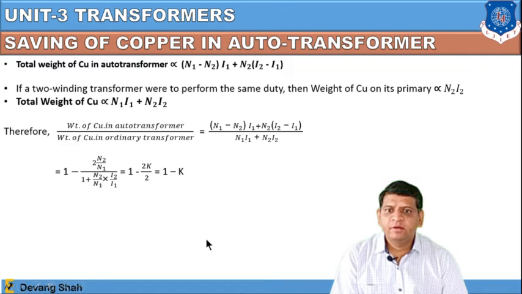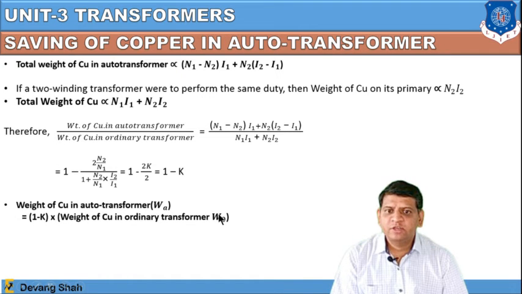If I take the ratio N2 divided by N1 and call it K, once you solve this complete equation in terms of K, you will find 1 minus K, right. So this ratio stands for 1 minus K. So I can write the weight of copper in an auto transformer is equal to 1 minus K times the weight of copper in an ordinary transformer, right.